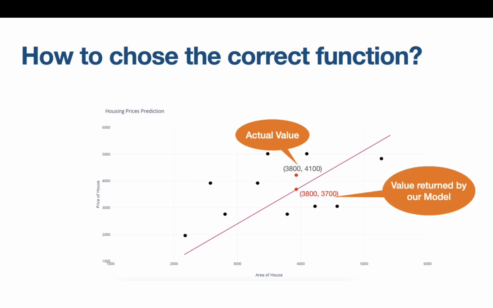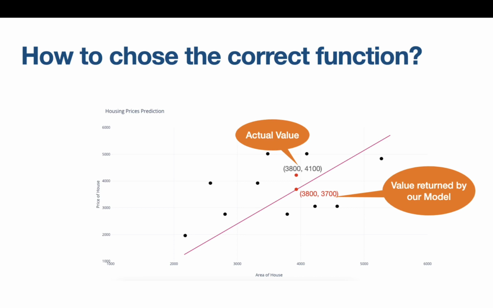The price for this area is 3700, which means this is the value returned by your model. This is the prediction value. So if we say the area is 3800, our model will return a value of 3700 because our model in this case is a straight line which passes through this point.